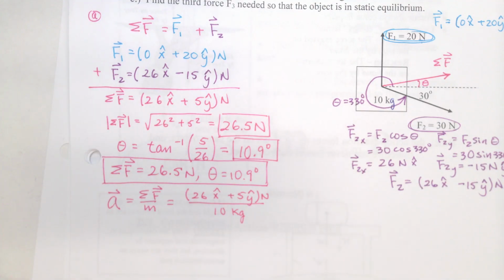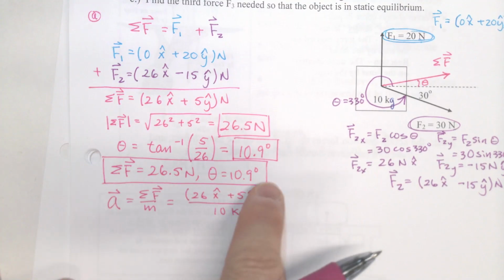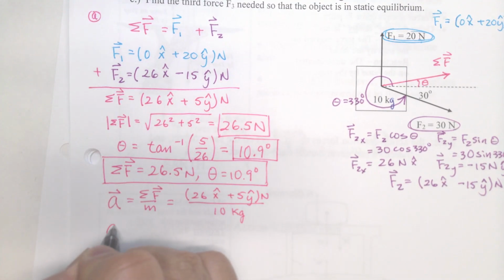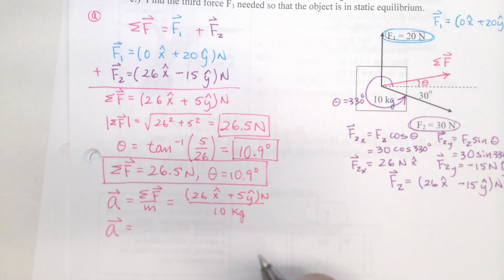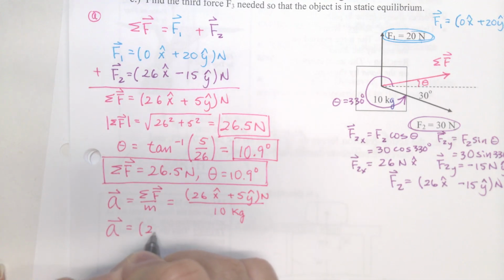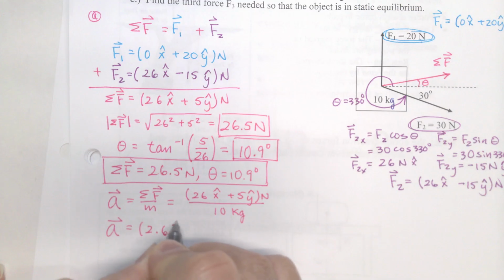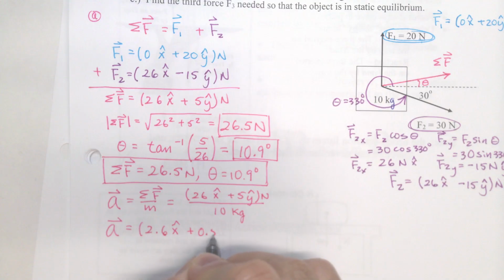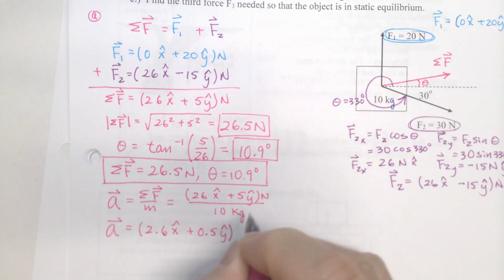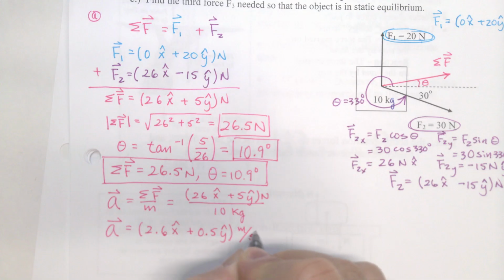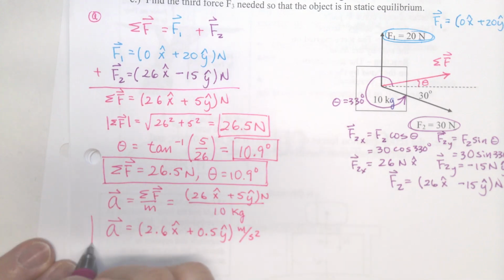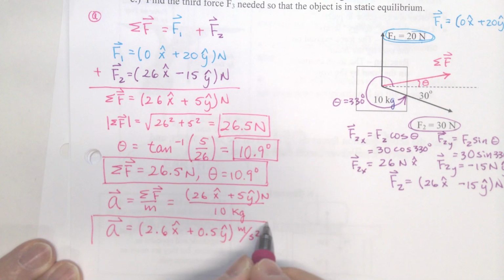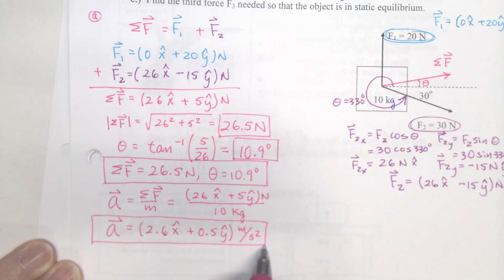If you divide both by 10 kilograms, your acceleration in Cartesian form will be simply 2.6 x hat plus 0.5 y hat meters per second squared. So that's the Cartesian form for my acceleration.